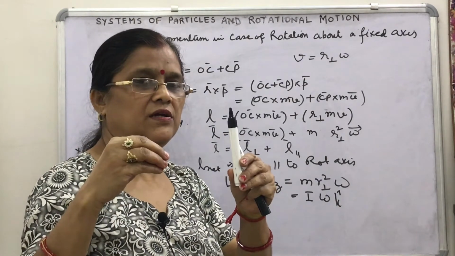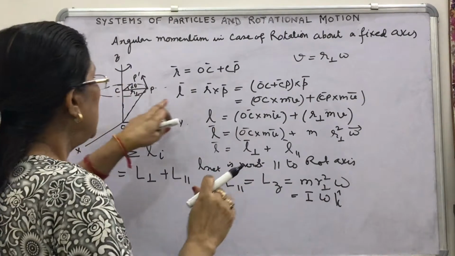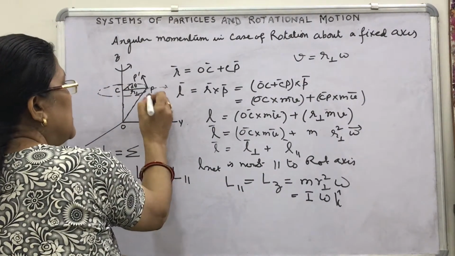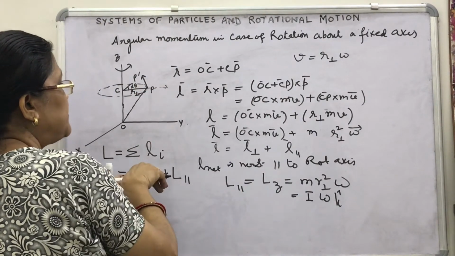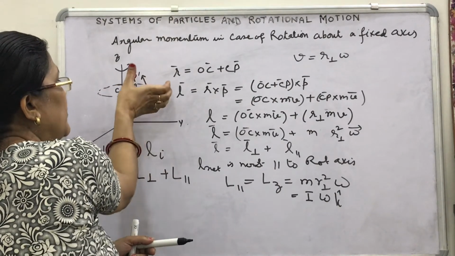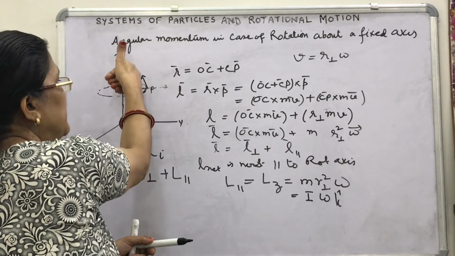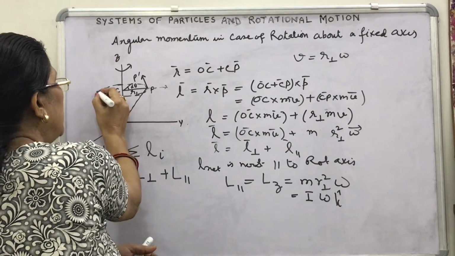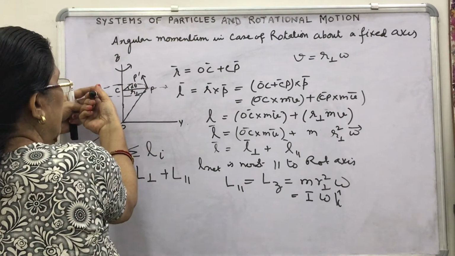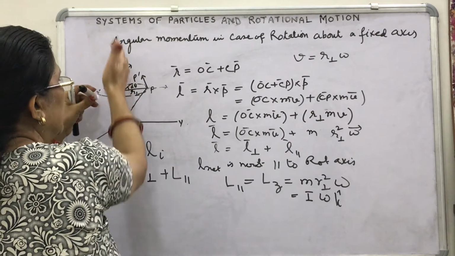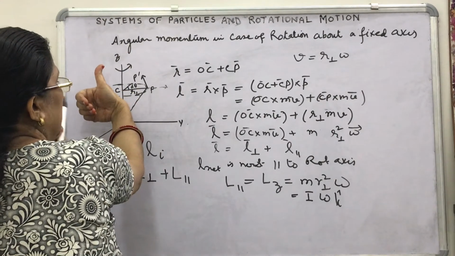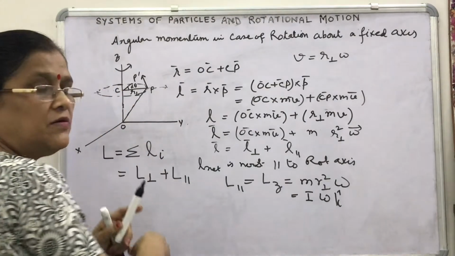What I mean to say is that here at point P, if this is the radius vector and this is the tangential velocity inward, then this radius vector and this inward velocity will give the angular momentum along the axis. Then here also you will find this velocity, the particle rotating will come here, then this velocity vector will be outward, and this is the radius vector again, then this r cross v will give angular momentum again parallel to the axis.